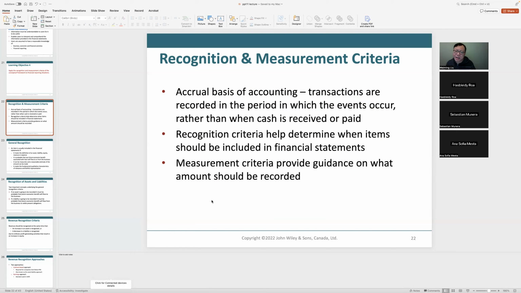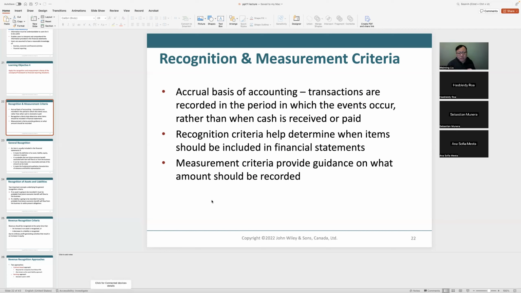So basically, the transaction is recognized because the event has occurred, and has nothing to do with the cash flows, whether you receive cash or you use cash, right?